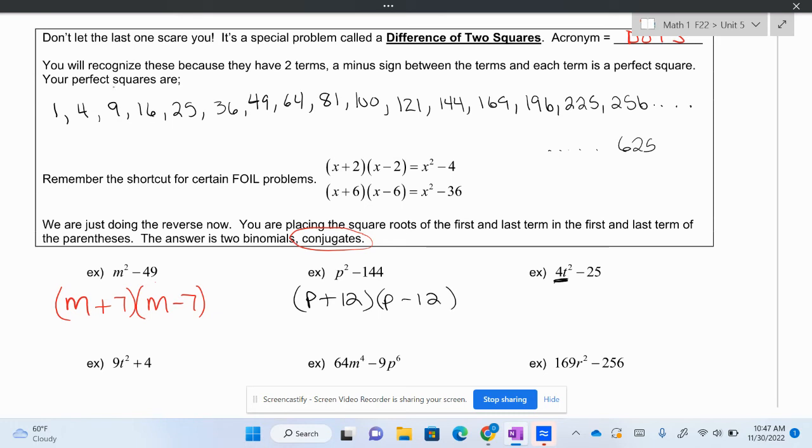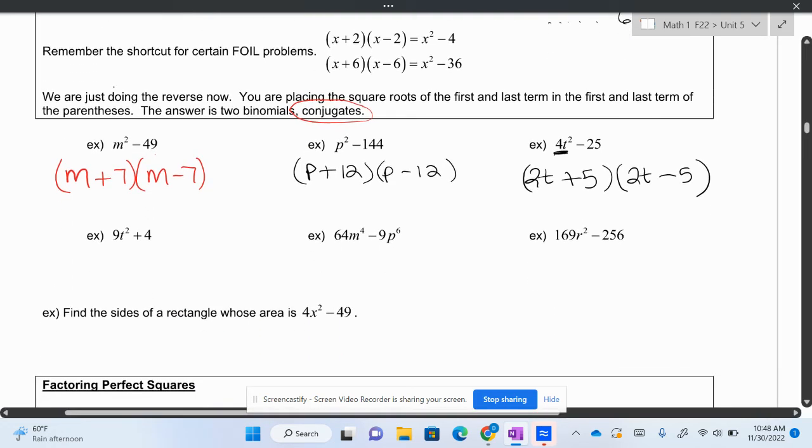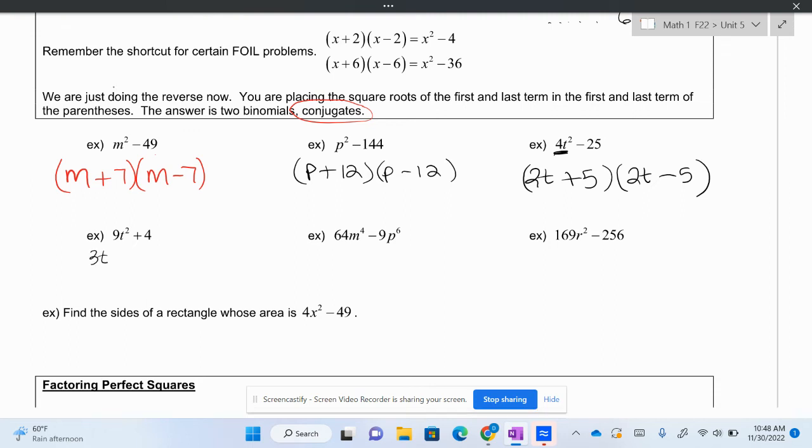Let's see. 4 is a perfect square, and so is t squared. So that's made by taking 2t times 2t. 25 comes from 5 and 5. Join one with a plus, one with a minus. Let's see. 9t squared, well, that's made by taking 3t times 3t, but this is not joined by a minus sign.